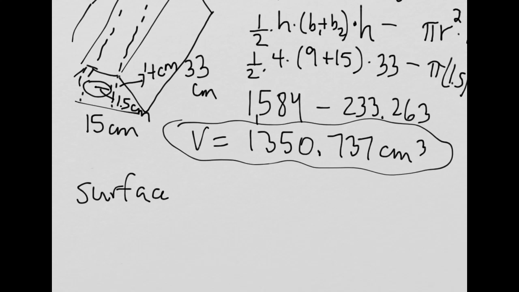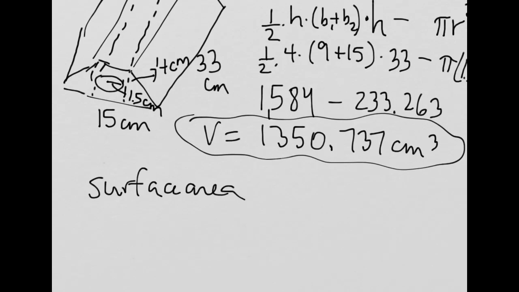Alright, now we need to figure out the surface area. So here we have to break things apart. I'm going to get the surface area of the whole thing. I'm first going to do the two sides of the trapezoidal prism, so 33 times 5, and that's 2 of them.